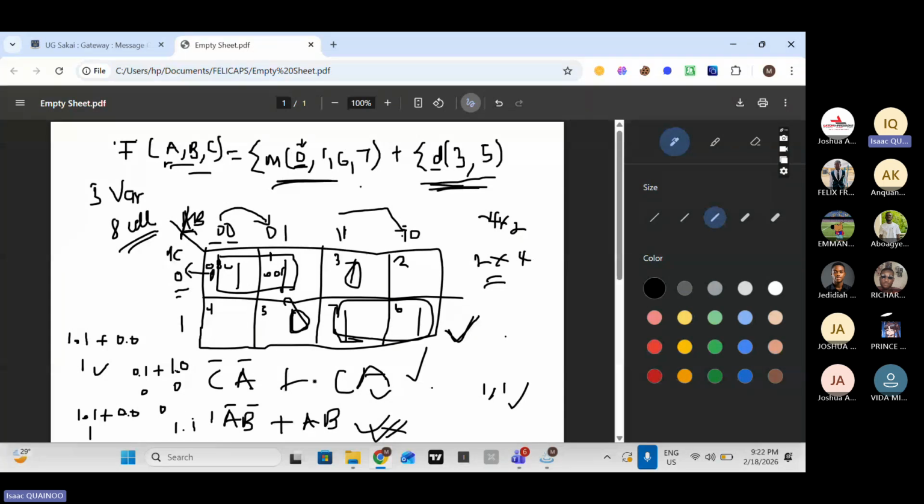But I'll show you other scenarios, especially with 4x4 K-maps, where your don't cares are very important for obtaining the final output. In this scenario, where you're able to get your 2 adjacent cells here, the don't care cells will rather complicate your expression and might need further simplification.